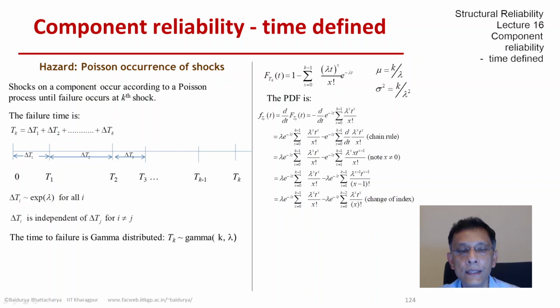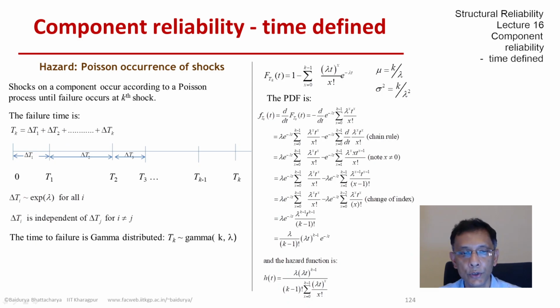So we essentially are left with the last term in the first sum, and the density function is lambda times lambda t to the power of k minus 1 times exponential of minus lambda t, divided by k minus 1 factorial. So now with the PDF thus derived and the known CDF that we have, we are in a position to define the hazard function of the gamma distributed time to failure.